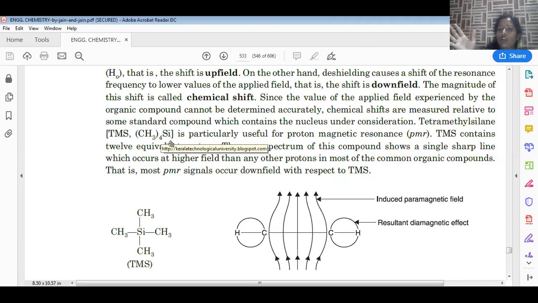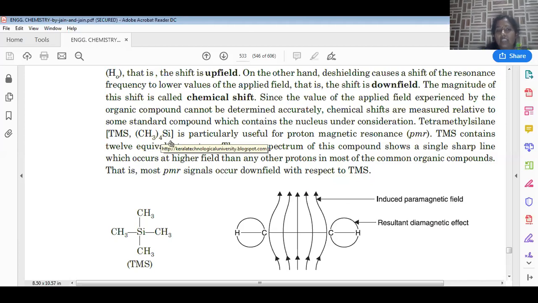Its value is higher than all organic compounds, hence it is arbitrarily fixed as 0. The peak for tetramethylsilane is fixed as 0 ppm on the delta scale. With respect to this tetramethylsilane, all the remaining signals appear just beside it. Hence, it is taken as the internal standard.